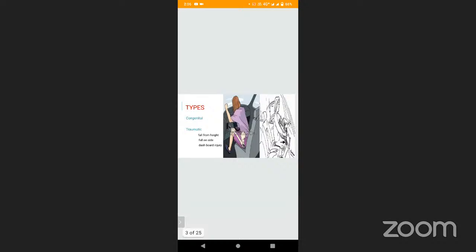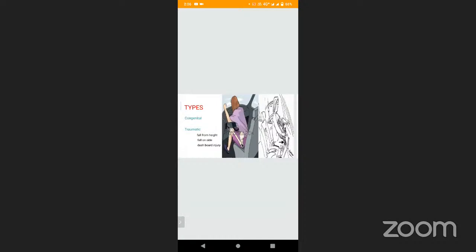Another cause is fall from height, and fall on the side of the body so that the trochanter directly impacts the ground, and the head of the femur is driven into the acetabulum. The acetabular floor is fractured, and the head of the femur is driven into the pelvic cavity. That is another type of dislocation, called central dislocation, which we will come to later.